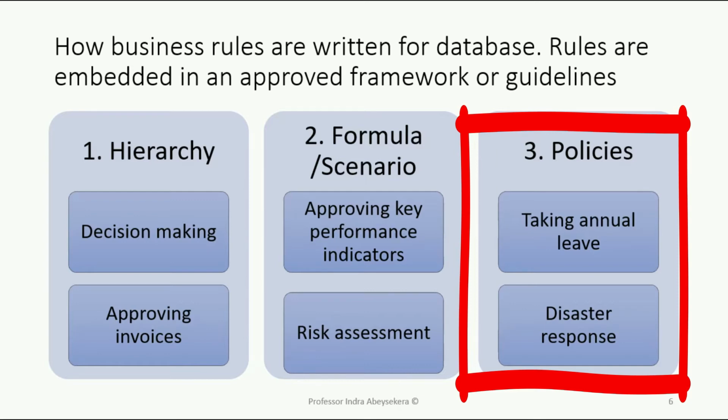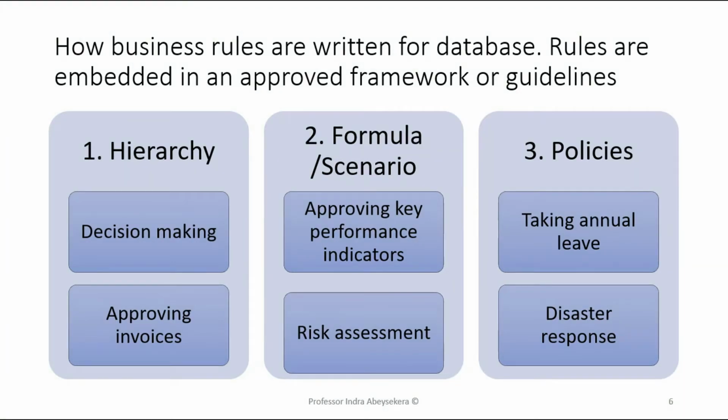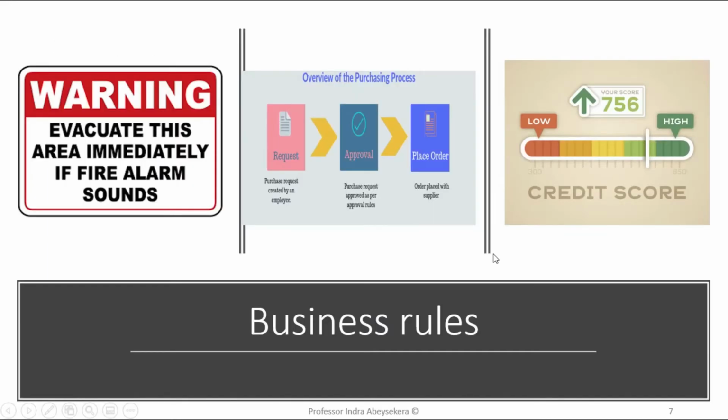And in that policy, there could be an embedded rule where the staff members must take leave during the Christmas break period. So here are some business rules that you find in organizations.